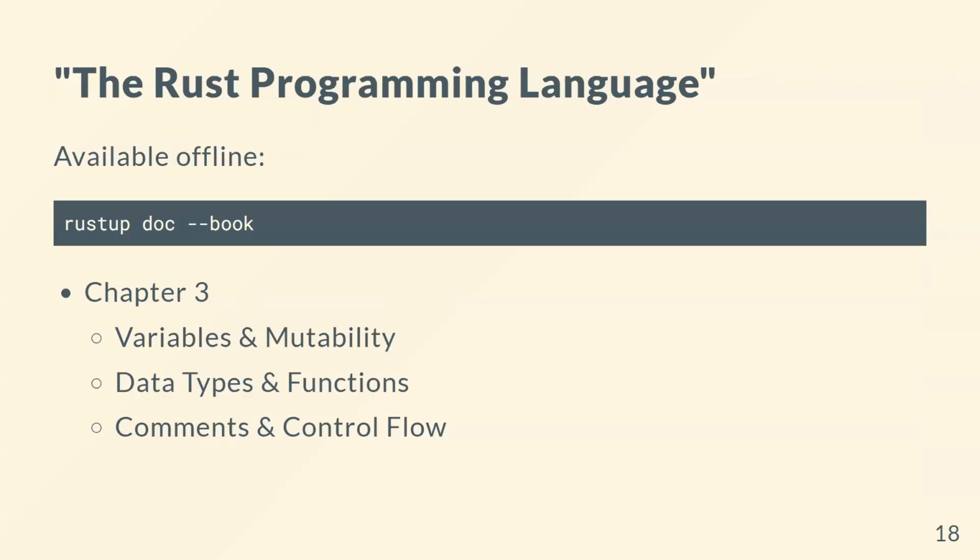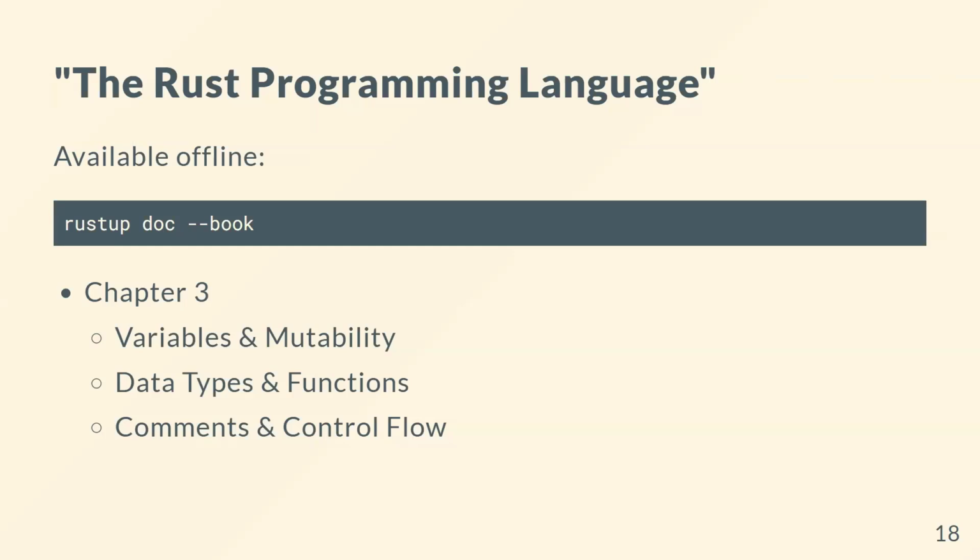Once you've installed rustup, you get access to what people refer to as the book, The Rust Programming Language, which is the closest thing we have to a specification. You can also access it online. We can drop links in the chat, but hopefully you've all found that. I think it was linked in the Meetup description. That's what we'll be covering in this 4-part series.